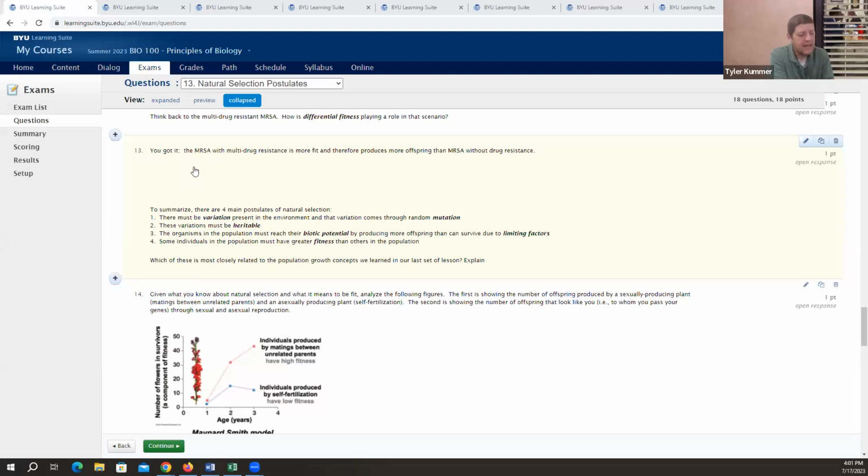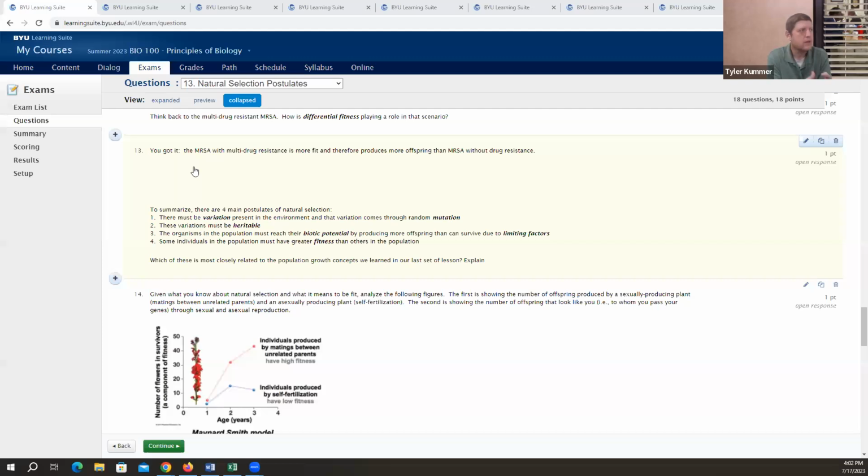Rather, there are mutations that exist and therefore variation, right? There's the different colored dots from our simulation. Then natural selection can act upon those differing dots. If they were all the same color, if there was no variation, then that postulate of natural selection would not be met, and we couldn't have natural selection and therefore evolution occur because there's only one type of dot.